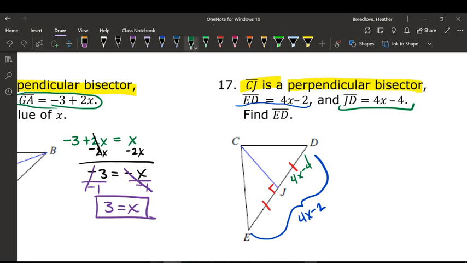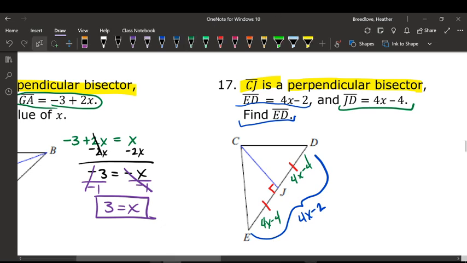So I need to figure out the length of the whole side. So I need to set up an equation to solve. I don't have any information for the bottom half of the side, for EJ, but I know it's the same as DJ. So it's 2 of DJ, or you could, if you like addition better, this one is also 4x minus 4. There's 2 of them that are the same.